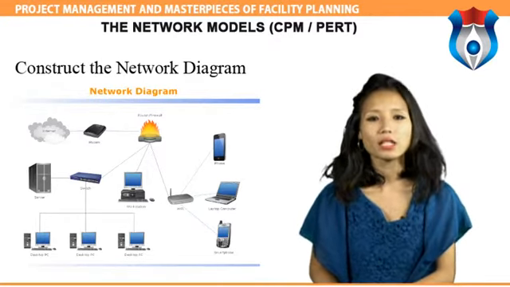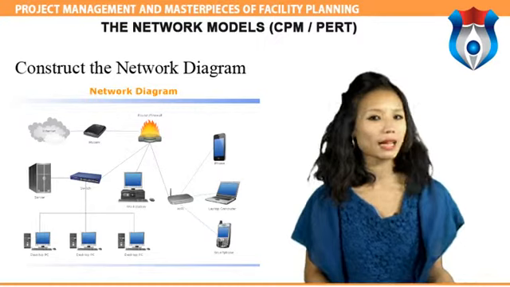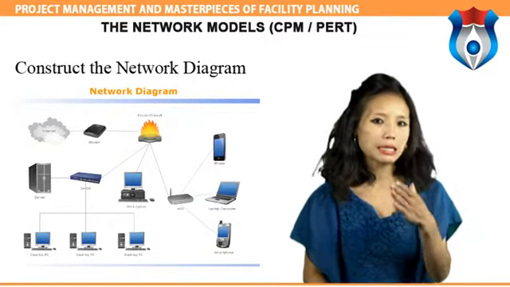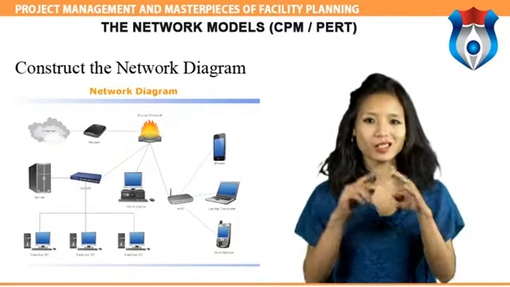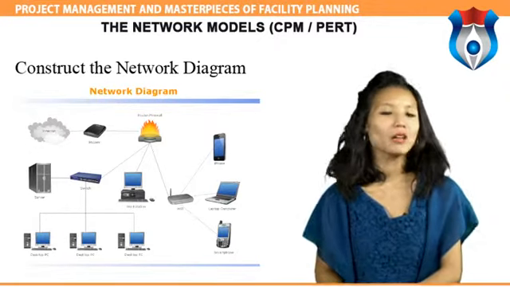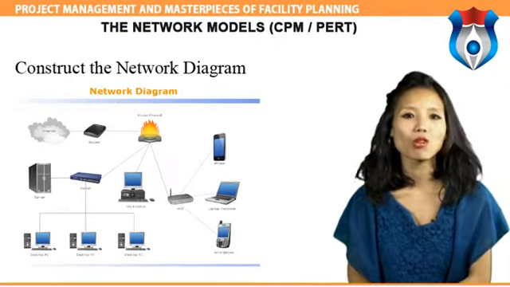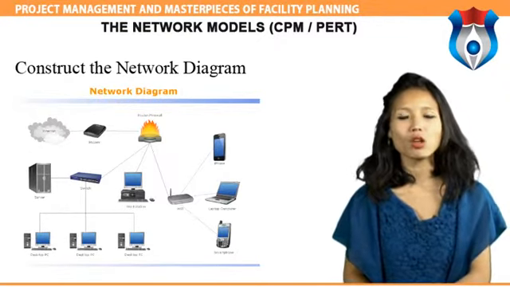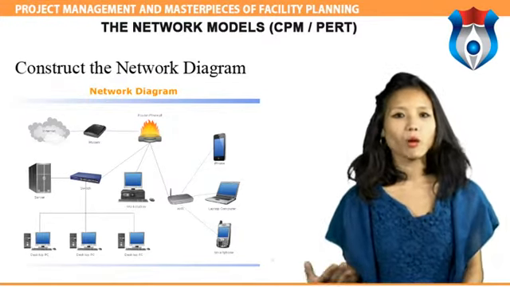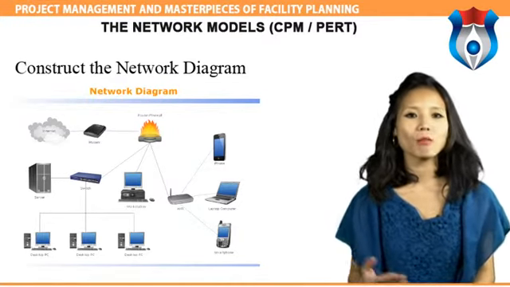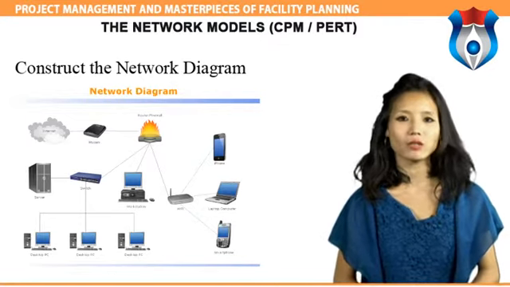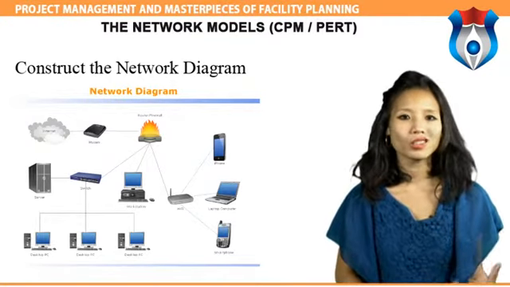For the original activity on arc model, activities are depicted by arrowed lines and milestones are depicted by circles or bubbles. If done manually, several drafts may be required to correctly portray the relationship among activities. Software packages simplify this step by automatically converting tabular activity information into a network diagram.